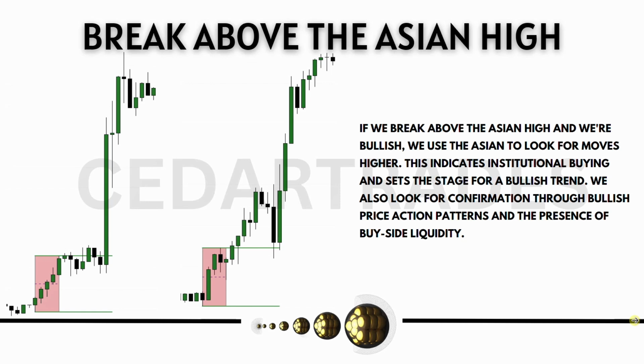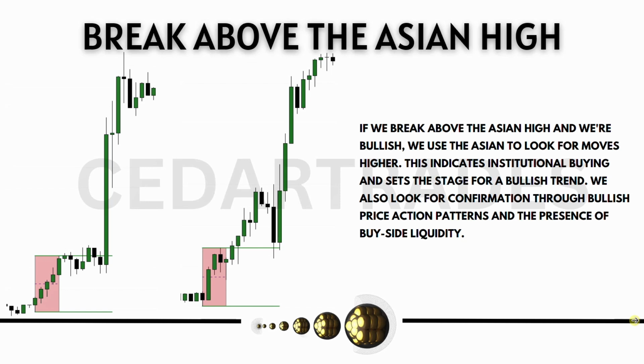As you can see in both of these examples in the slides, the red block in this market is 8 p.m. New York time to midnight New York time. The market gives us our high and low, and then we break above the high.